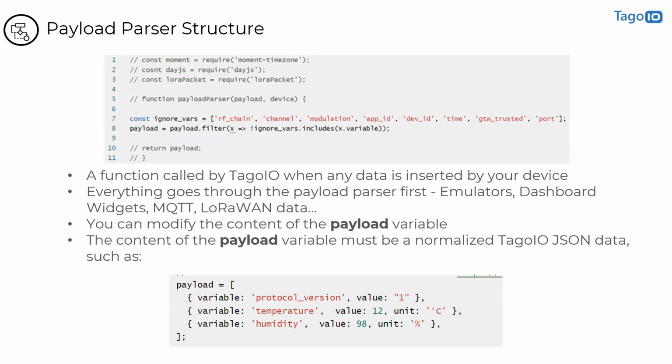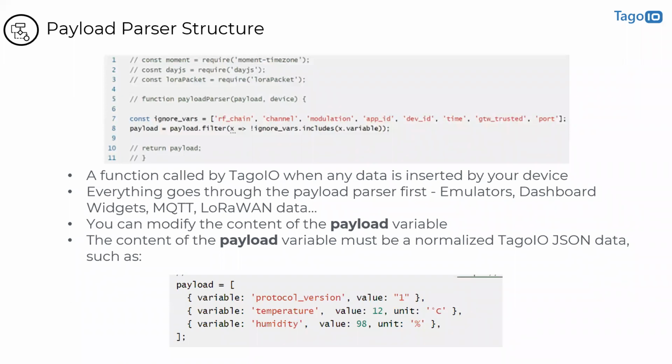On line 5, you can see we have something similar to a function in Node. Of course, this does not exist in your parser, but just for you to understand, every time the payload parser runs, it's like a function running inside Tago, where you receive the payload and device parameters. The payload is the most important parameter because you want to change it to contain the results of your payload parser.